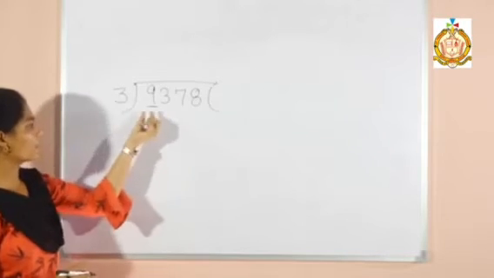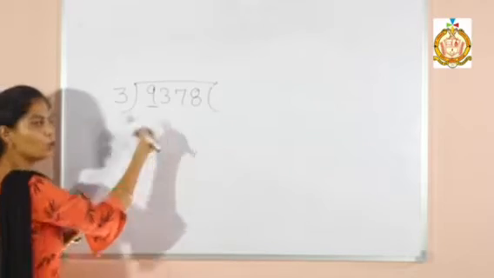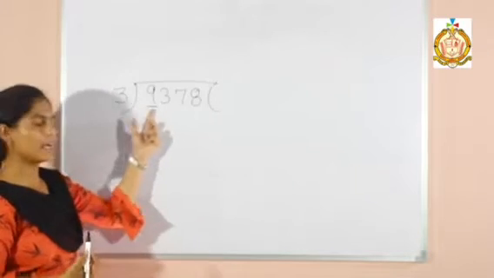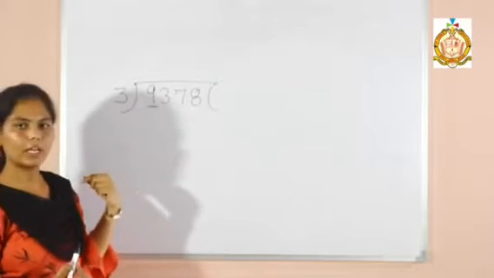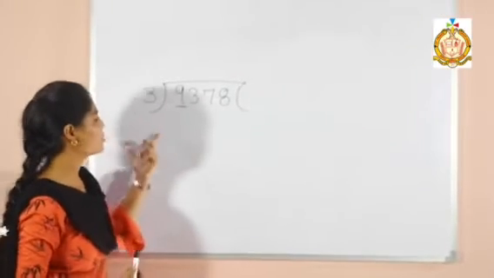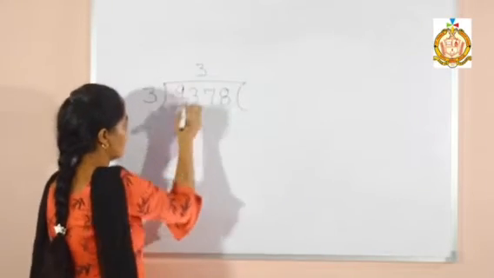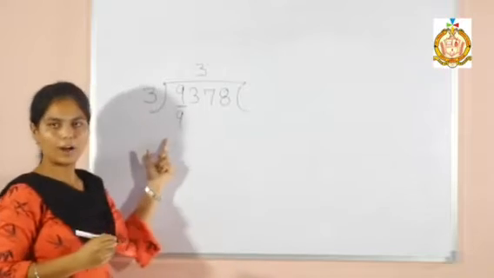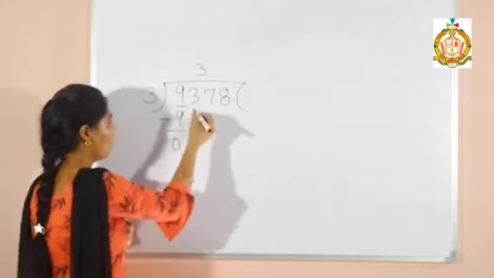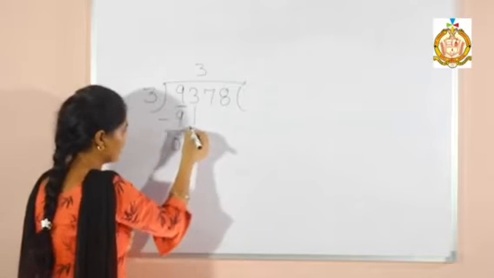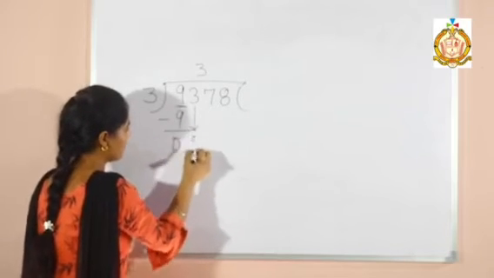If the number is smaller, then take two numbers. This number is greater than your divisor, so you count down the table of 3. 3 ones are 3, 3 twos are 6, 3 threes are 9. After this, subtract it. Now you can take your next number.